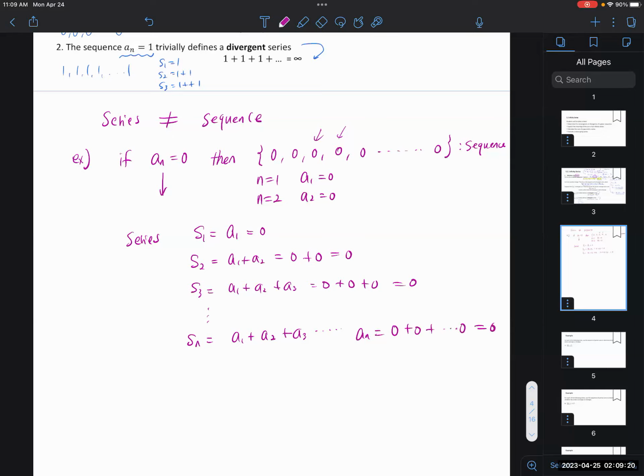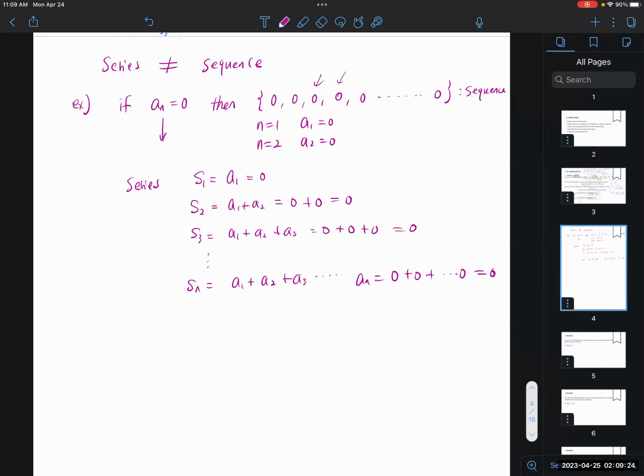It's going to be 0. So what I'm saying is, I can conclude that Sk, the general form of the series, is 0, or we can say this series converges to 0. That's our conclusion.